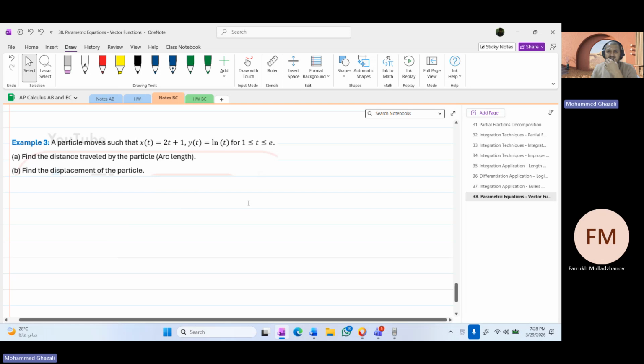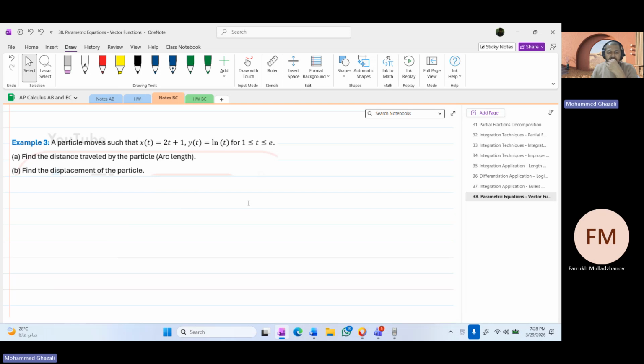Might not be difficult, it's basically just a shifted ln function, because the value for t is actually x minus 1 divided by 2. So it's possible to sketch this function, but I'm not going to sketch it.